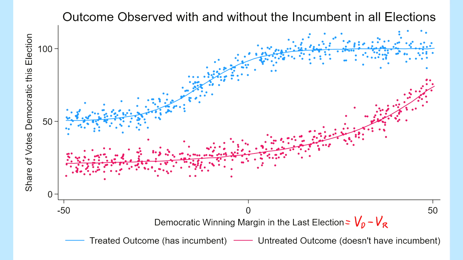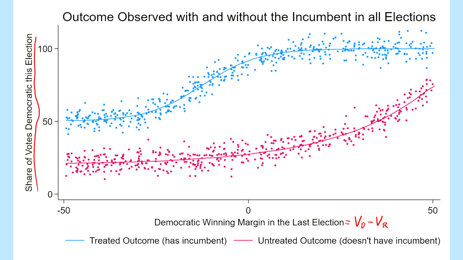The rest of the graph is fairly complicated, but we'll go through it slow. Let's break it down. On the left-hand side, this axis gives the share of votes that were Democratic in the current election. So the x-axis is the Democratic winning margin in the previous election. The y-axis shows the share of votes that were Democratic in this election.